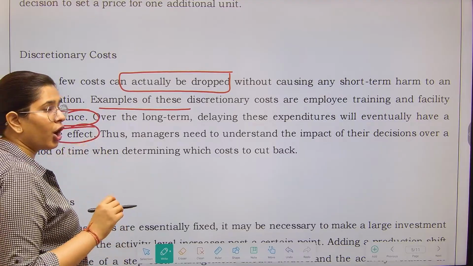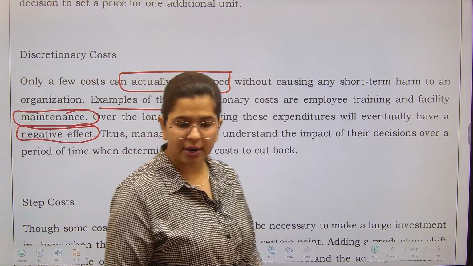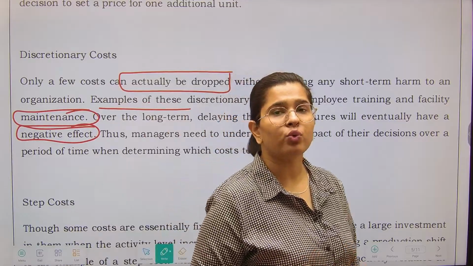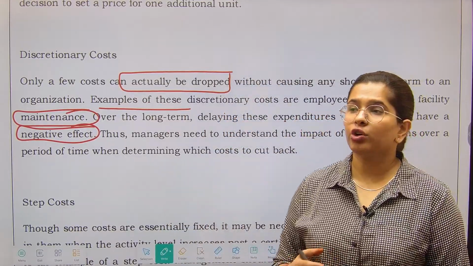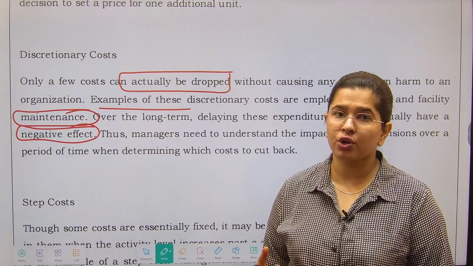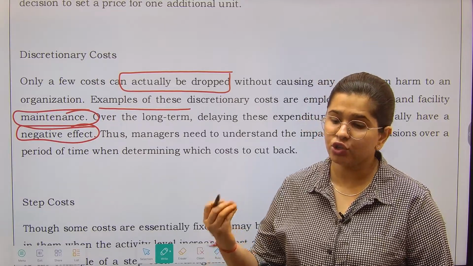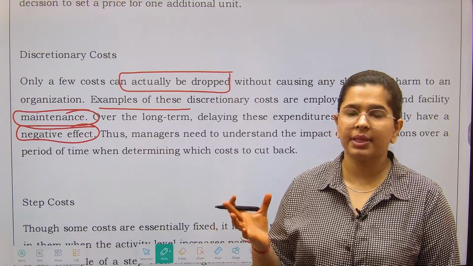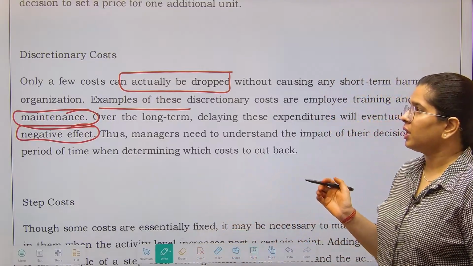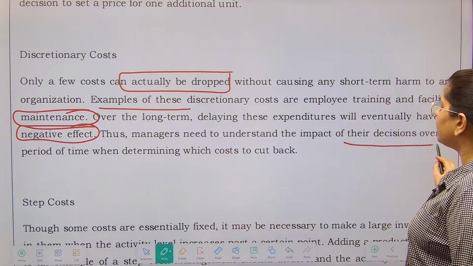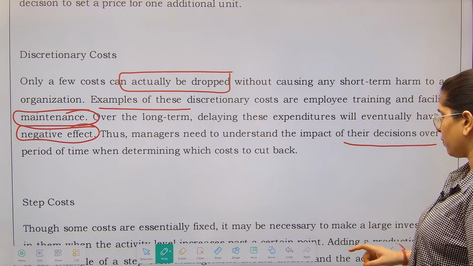See, if you are not giving good training to your employees, then you are bound to suffer losses. Although this cost depends on your discretion, it is not going to hamper your production in the short term, but in the long term this is going to affect you. Thus, the manager needs to understand the impact of decisions as well.